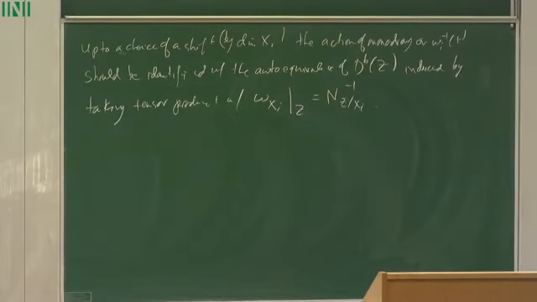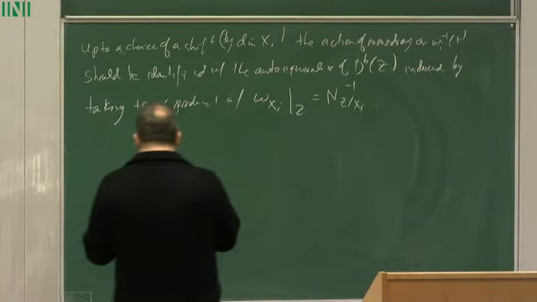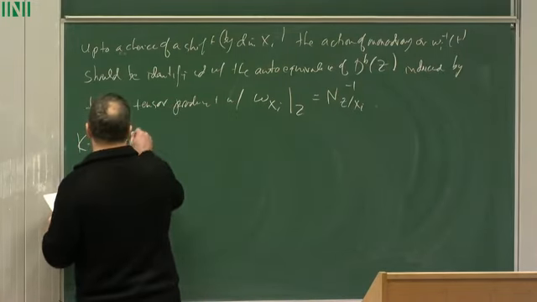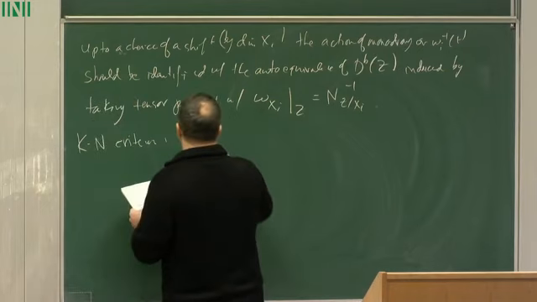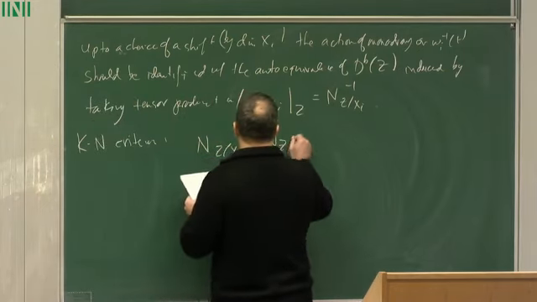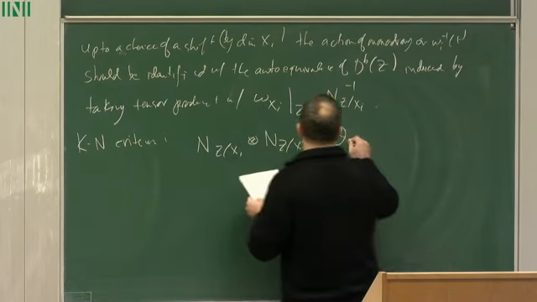Okay? All right. So you now apply the Kawamata-Namikawa criterion, which says that the tensor product of the two is OZ.